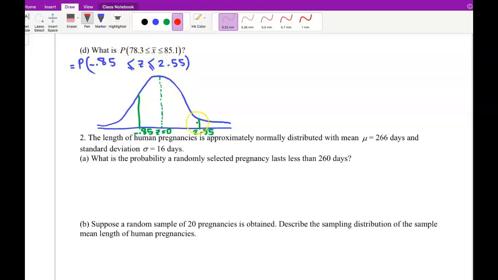So we want to find the area between these two. So that is equal to, using the table, find the area when Z is equal to negative 0.85 and when Z is equal to 2.55.